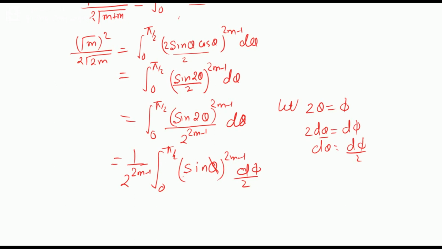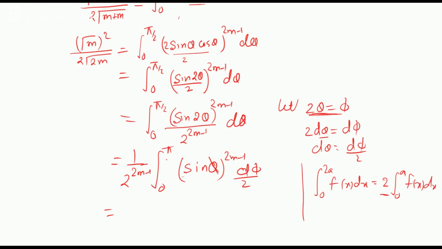And now if we change 2 theta to phi, what does the limit become? So the limit is 0 to pi. Now we use the property of integration. As you know, if we have an integration from 0 to 2a of f(x) dx, we can write it as 2 times the integral from 0 to a of f(x) dx.